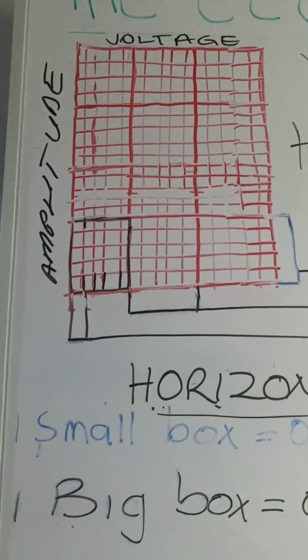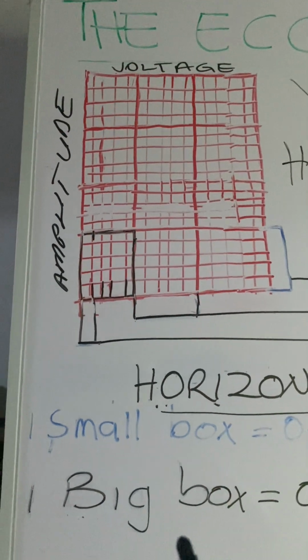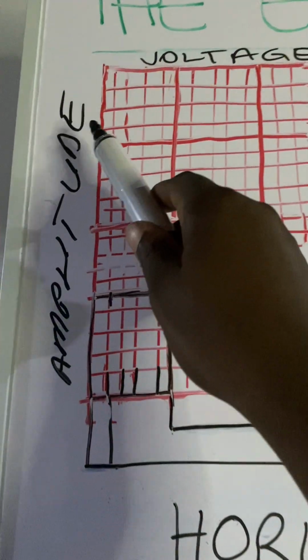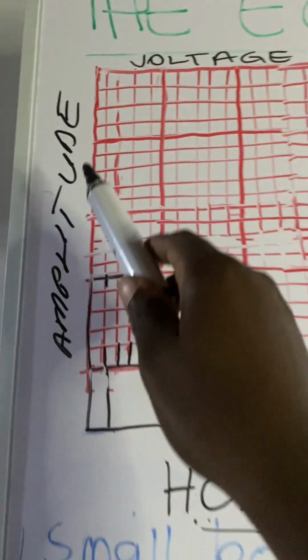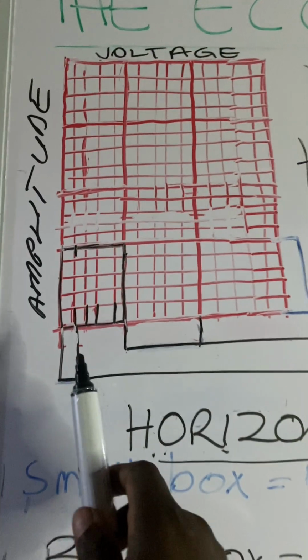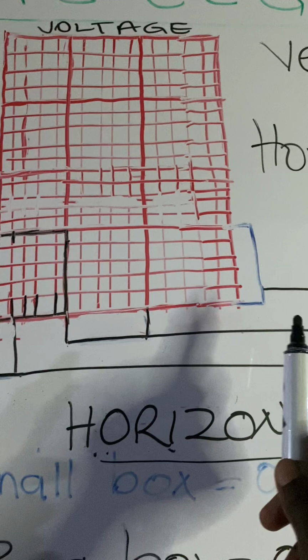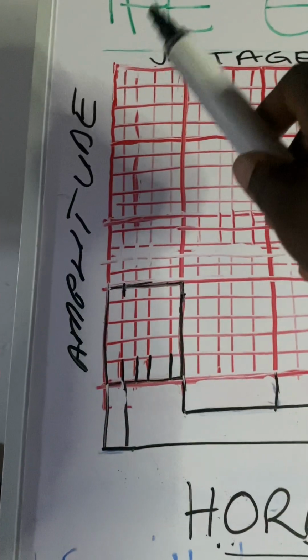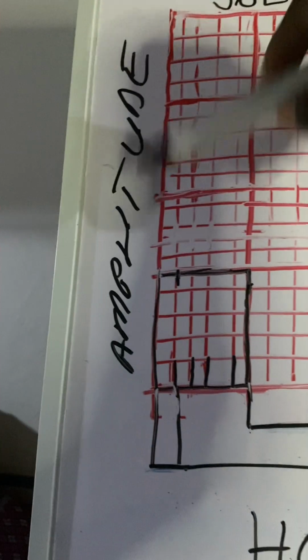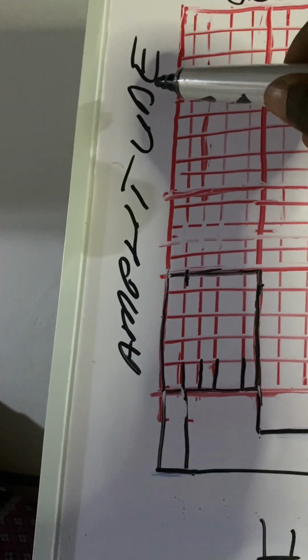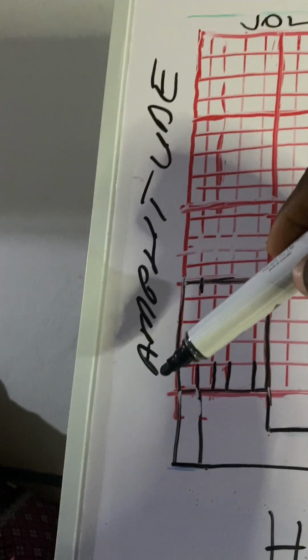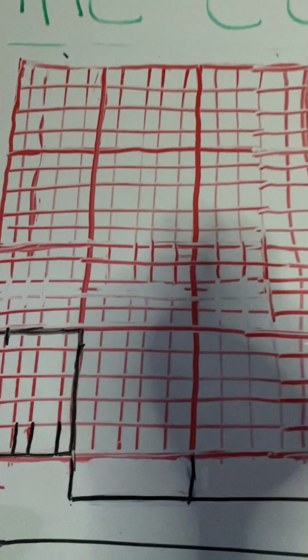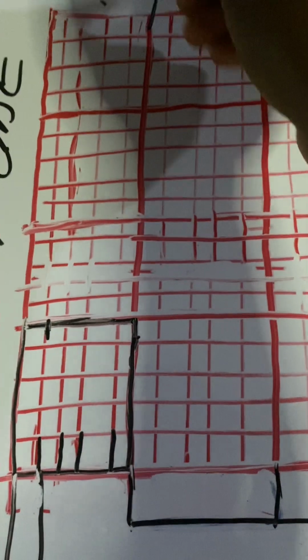Now if you take an ECG paper, you have a vertical axis, as you can see here, and you also have a horizontal axis. Now the vertical axis is where we have the amplitude or the voltage, and the horizontal axis is where we have our time.